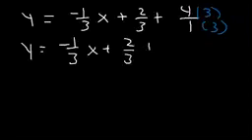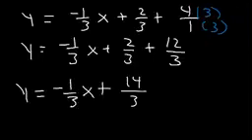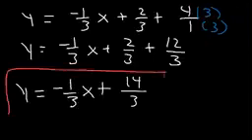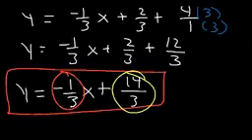So 4 times 3 is 12. So 2/3 plus 12/3. 2 plus 12 is 14. So this is the final answer in slope-intercept form. You can see that the slope is negative 1/3 and the y-intercept is 14 over 3.